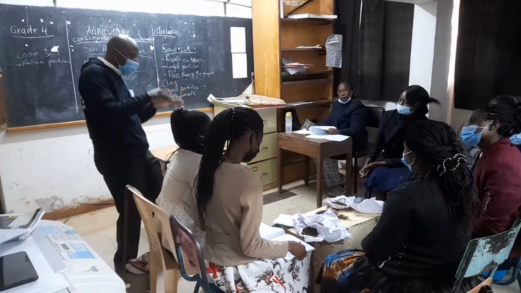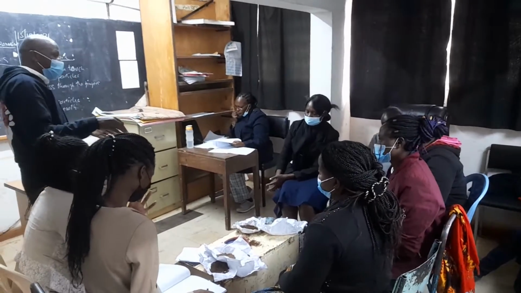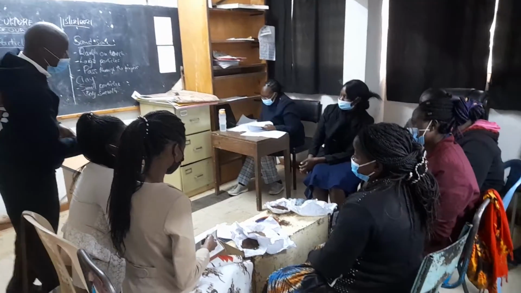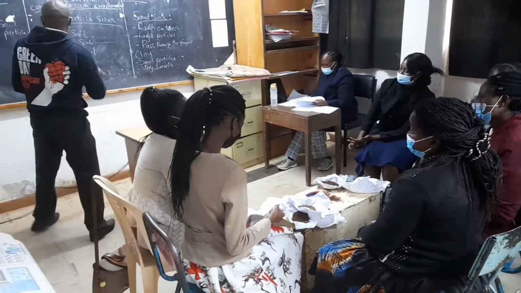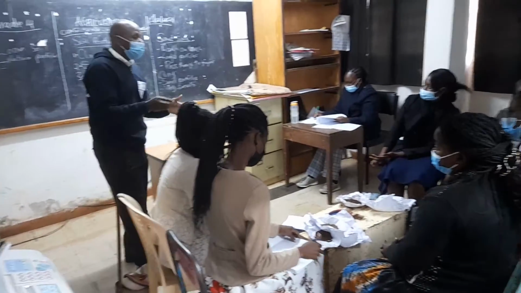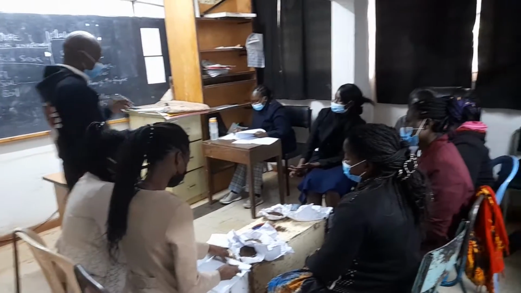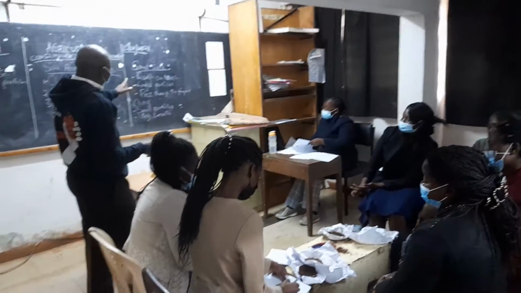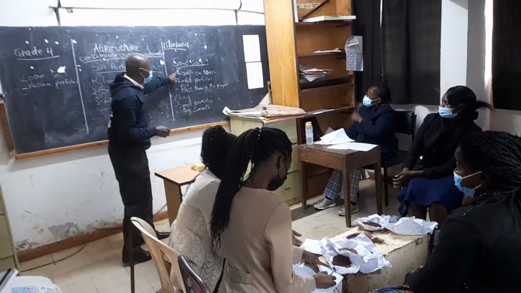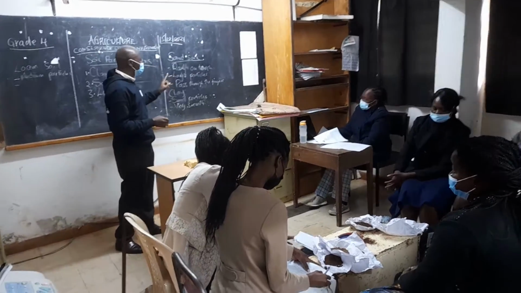Because if they are very fine, we shall not classify them as clay soil, and we shall not classify them as sandy soil, right? So basically, those are the differences between these three types of soils that we find in our environment. If you want to classify sand soil, you check the soil particles.